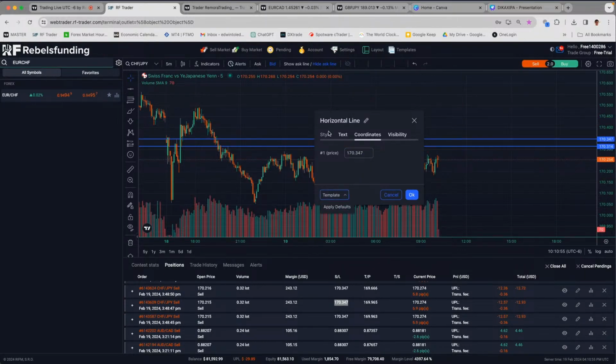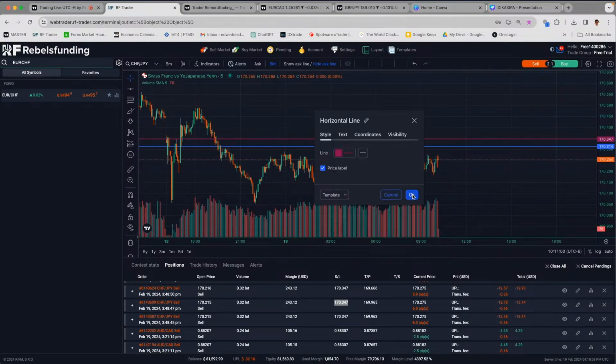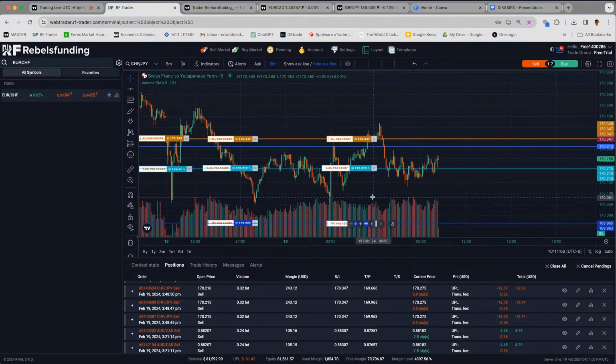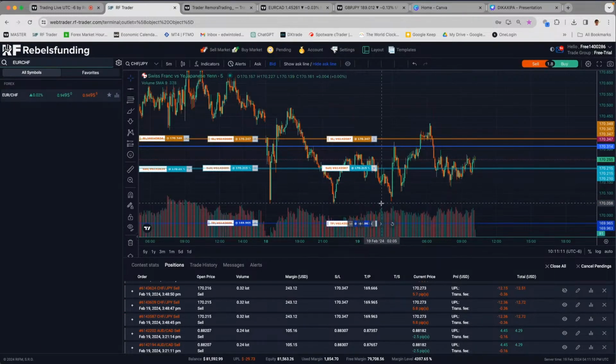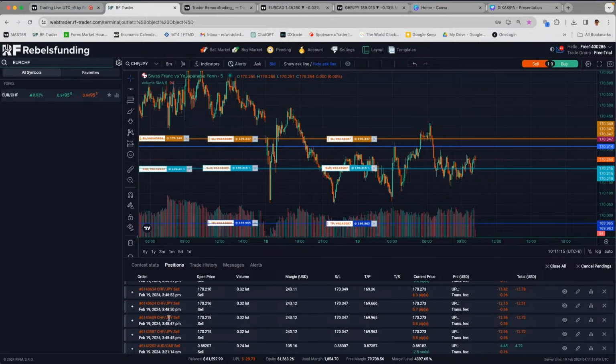Let me see if there are enough arguments to put the stop loss above this. CHF Yen. I am trying to decide if I want to increase the stop loss on that one a little bit.